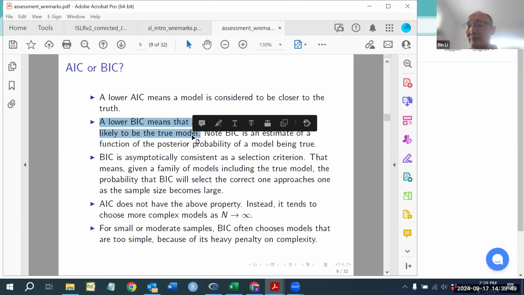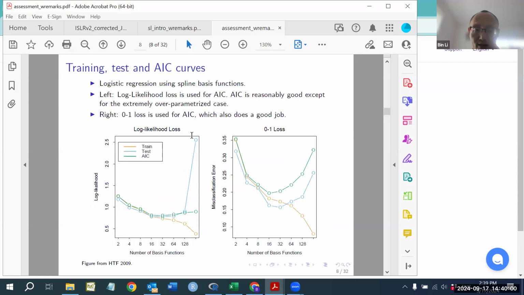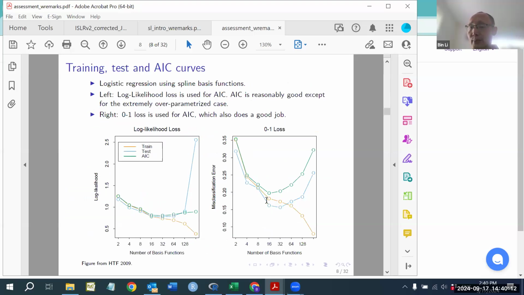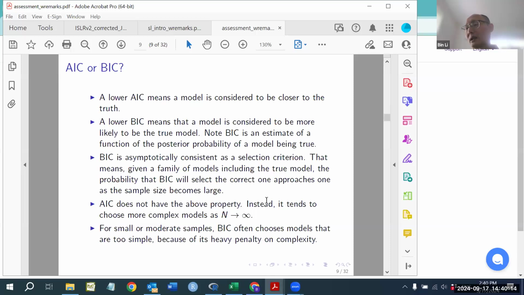If it's in the space, probably you should use BIC. But in practice, BIC always gives you the simpler model. Why? This is because BIC has a heavy penalty on the model complexity. It's log m, which is greater than 2. That's why BIC gives you the simpler model, and AIC gives you the more complicated model.